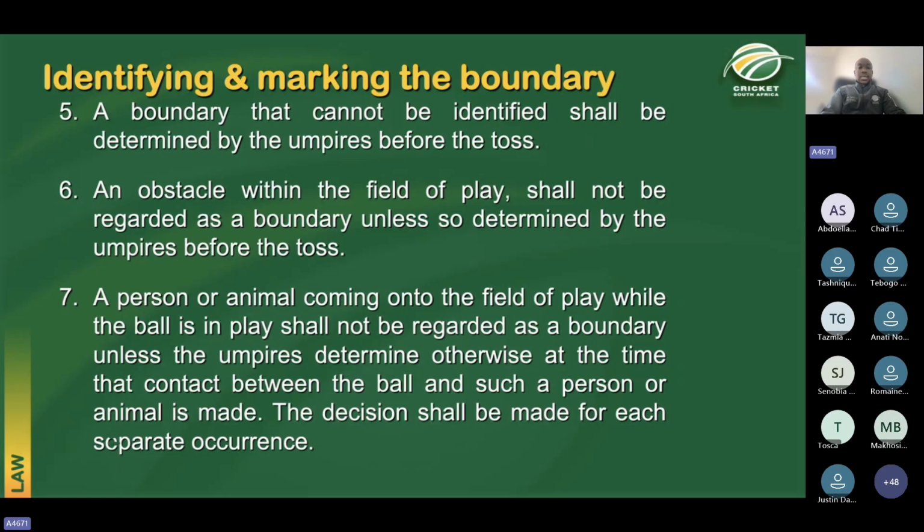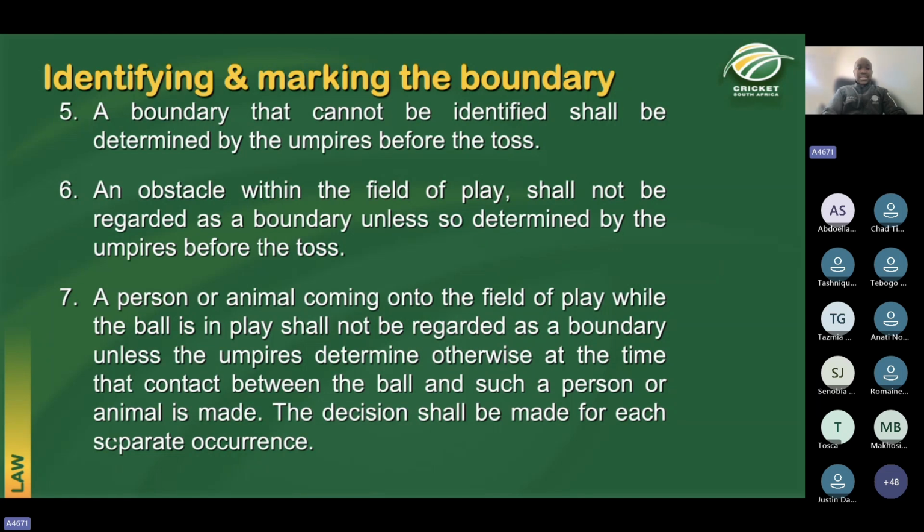Now, what happens if a dog runs onto the field of play, for example, the ball is hit in the direction of that dog along the ground, and boom, the ball hits the dog? Do we signal boundary 4? Do we signal boundary 6? Do we let play continue, or do we call and signal dead ball?